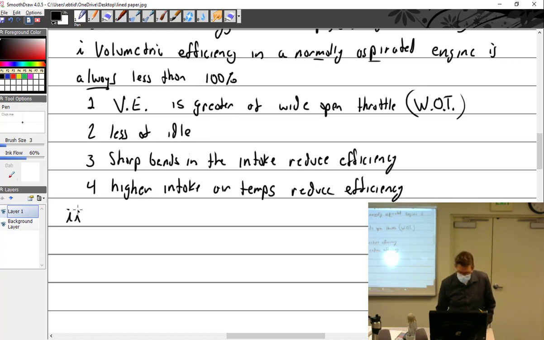All right, to increase volumetric efficiency, valves open and close at times other than BDC and TDC.